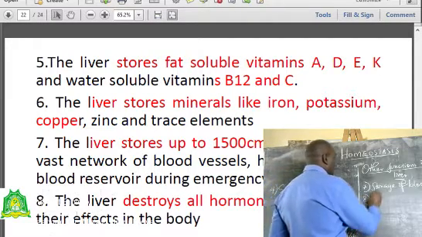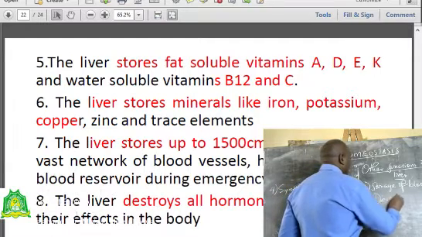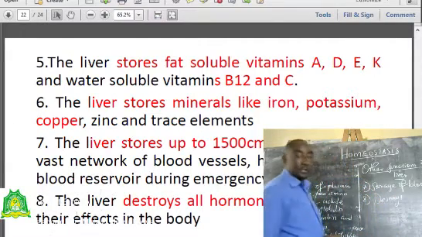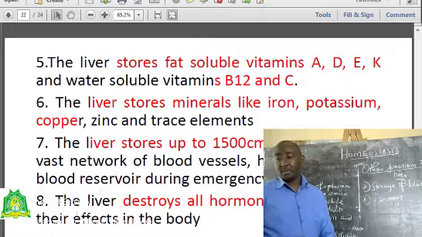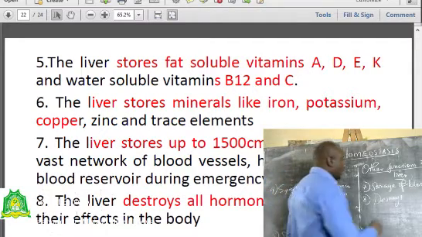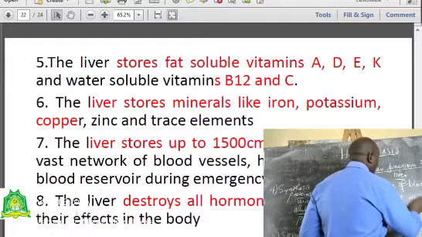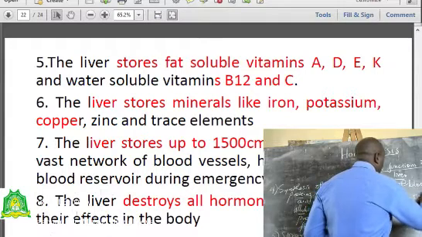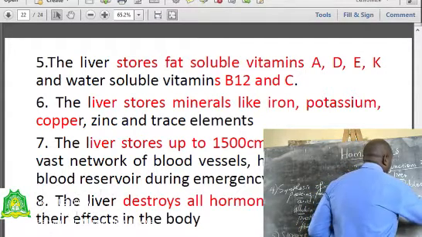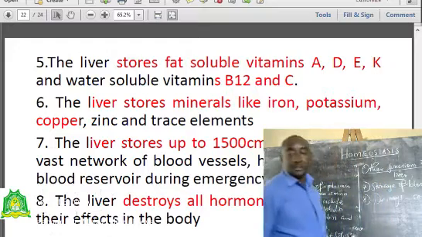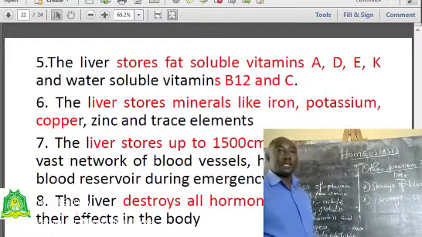It also destroys all hormones, especially the sex hormones. Destroys the sex hormones after exerting their effects.